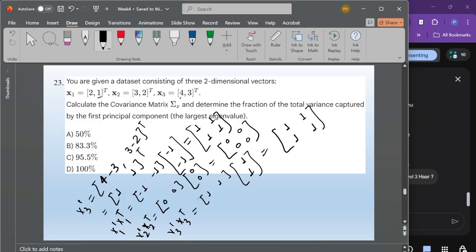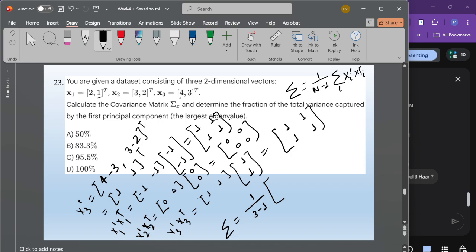Now what is in the formula? To find out the overall covariance matrix, it is 1 by n minus 1 times the summation of x dash x dash transpose, here over i. So we sum all the matrices, where n is equal to 3, since 3 vectors are there. So the summation is 1 by 3 minus 1 of all the 3 vectors.